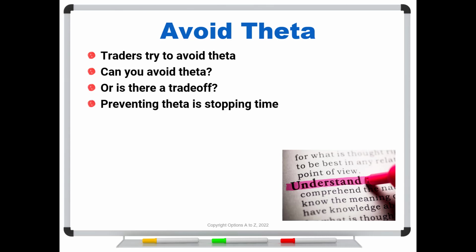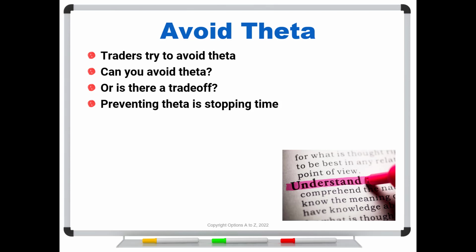See, preventing theta is the same thing as stopping time. You can change how an option or a strategy behaves over time, but you can't stop time. And so that should be a little bit of an indication that there has to be some kind of a trade-off.